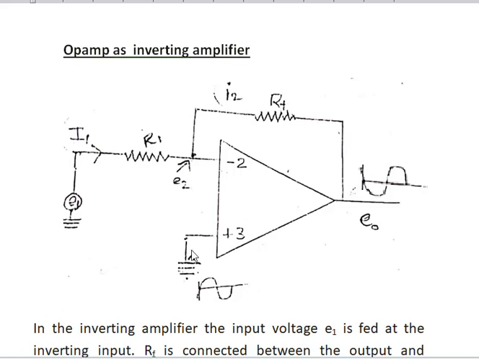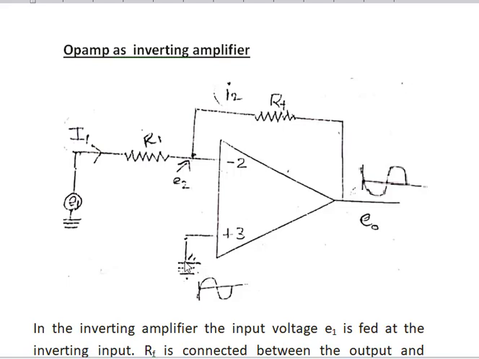This amplifier also has the operational amplifier, op amp. The input resistor R1 is connected to the inverting input, and a feedback resistor is connected between the output and the inverting input. Here the voltage is E2 and the non-inverting input is grounded.